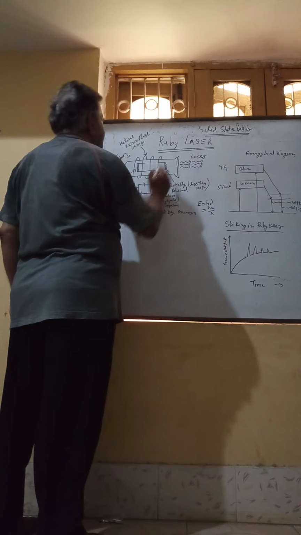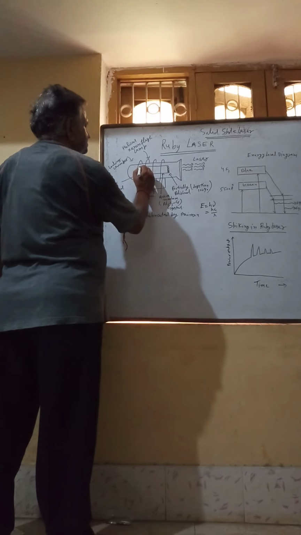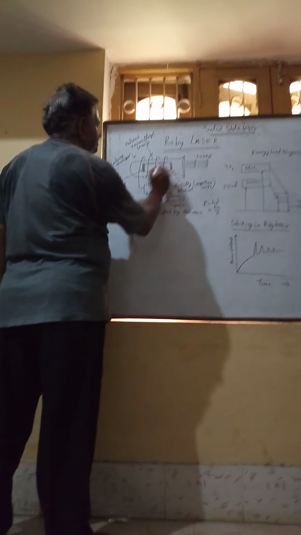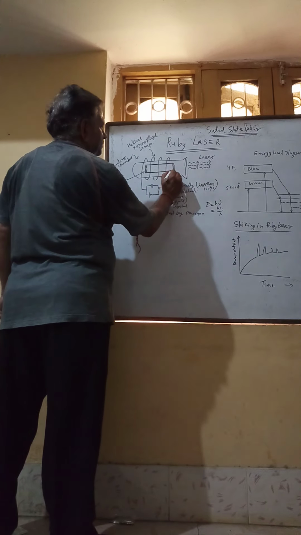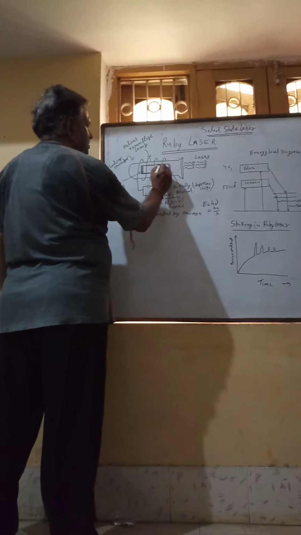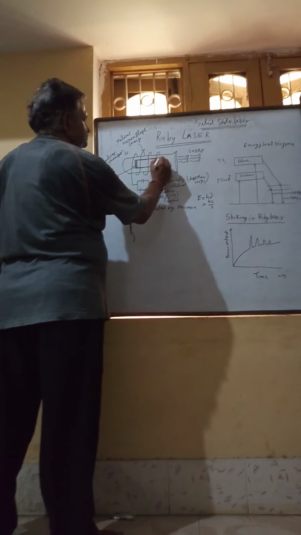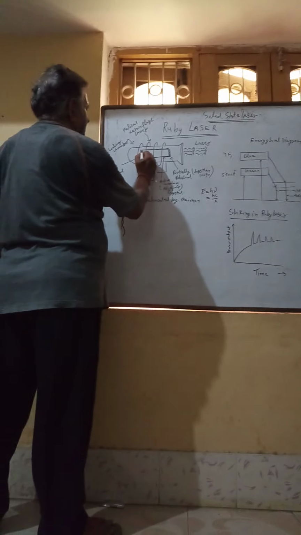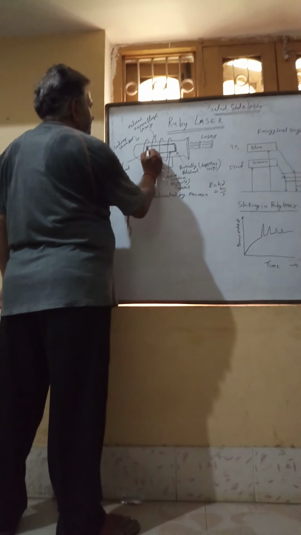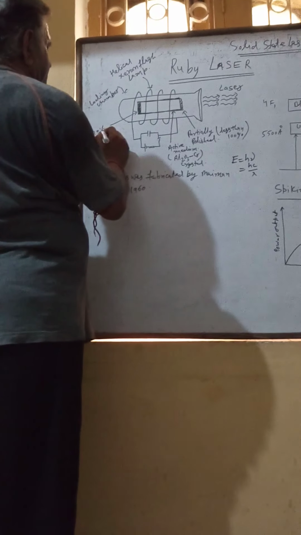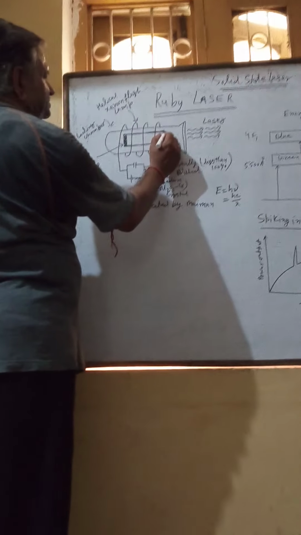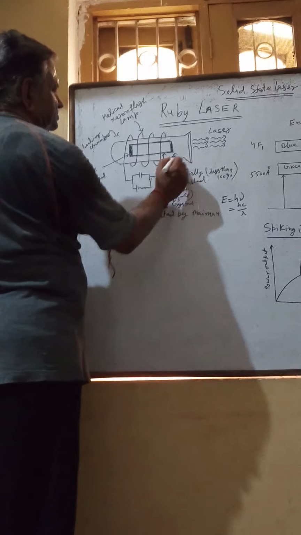In the ruby laser there is a long crystal of ruby, which is solid. On one side, the left side, it is 100% polished, and on the right side partially polished.